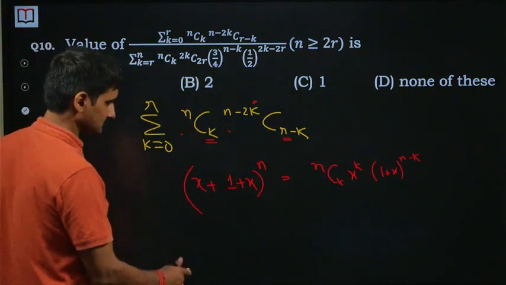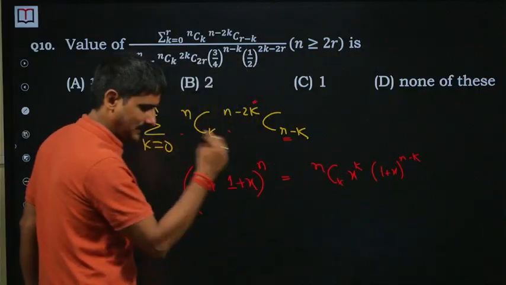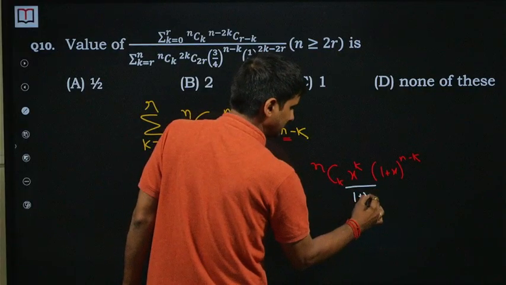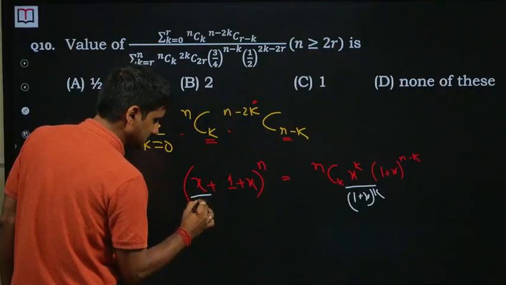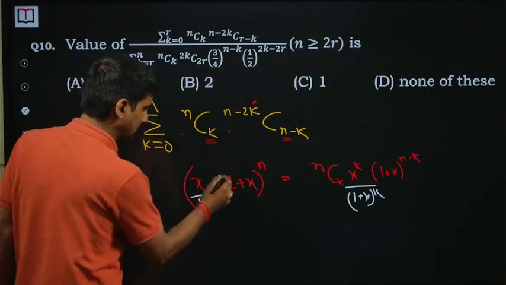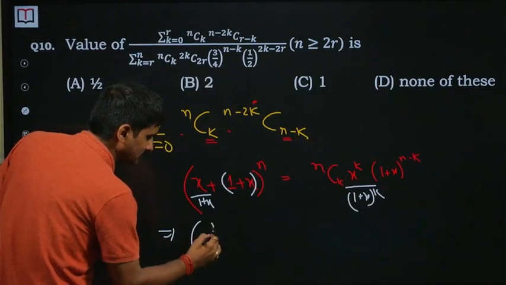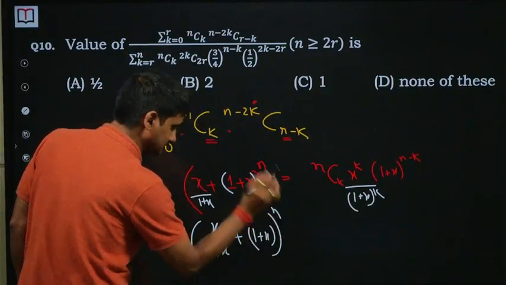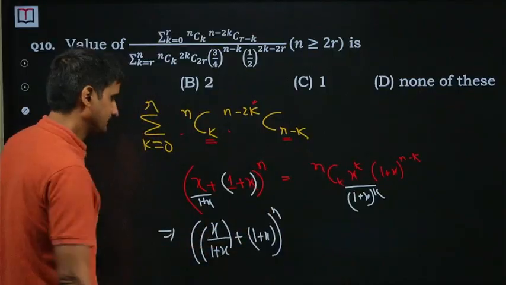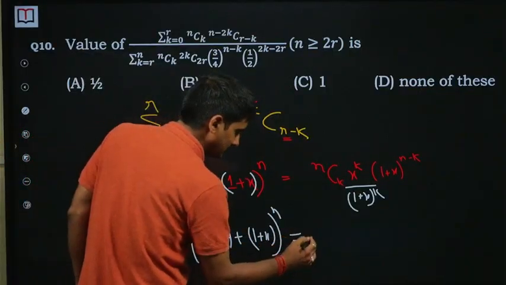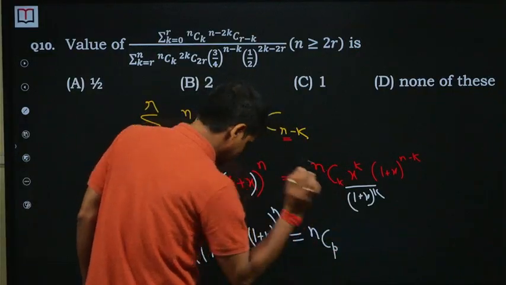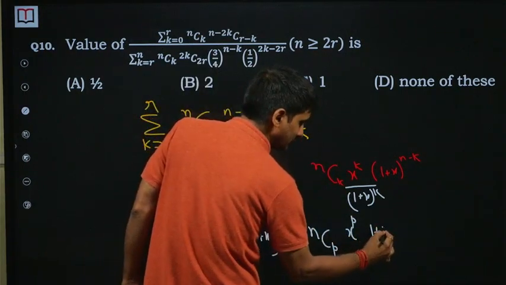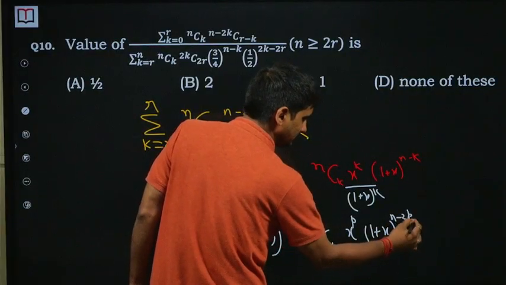So n minus 2k means I need to divide by 1 plus x raised to the power k. So we consider this to be the binomial. Actually what I am trying to do is consider this as my binomial expansion, this is a, this is b. So it will be nCp x raised to the power p, 1 plus x raised to the power n minus 2p.